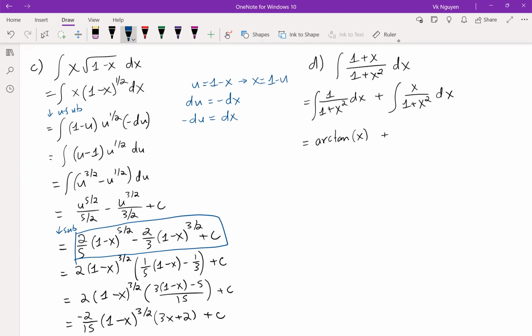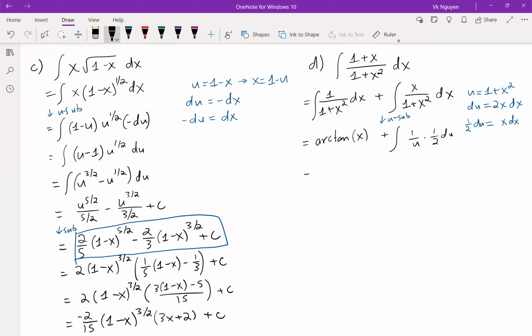u here is 1 plus x squared. du is 2x dx. So x dx is 1 over 2 du. u sub: x dx is 1 over 2 du, so 1 over 2 du, and 1 over 1 plus x squared is 1 over u.